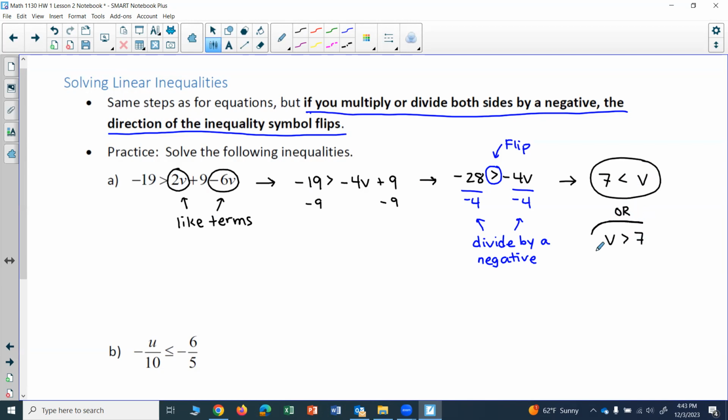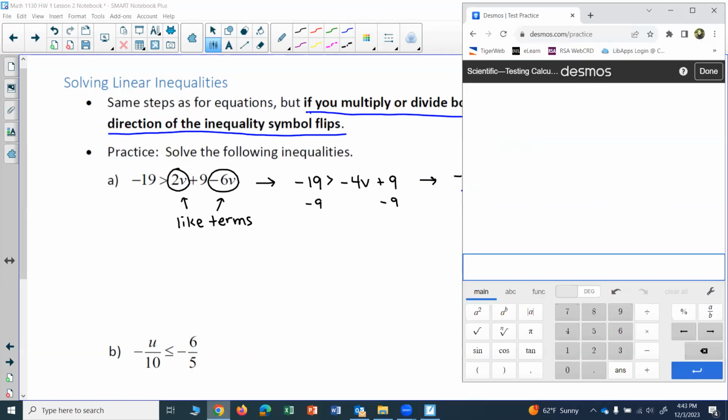These are equivalent statements. Notice the wide part of the inequality symbol is towards the v in both of these cases, and the pointy part is towards the 7 in both of these cases. You can check that you have the correct endpoint by plugging that endpoint into your original inequality, and at the endpoint, the two sides should be equal.